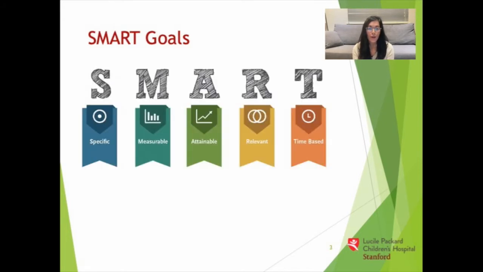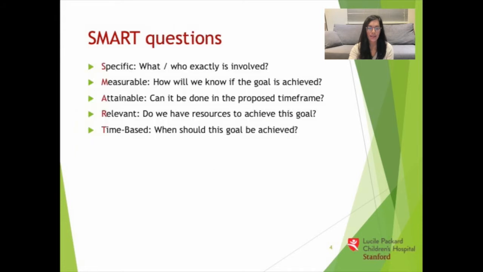So what are SMART goals? They are specific, measurable, attainable, relevant, and time-based. So what does that mean? When you're setting up the goals with your student, you want it to be about a specific diagnosis or a learning issue or skill that they want to attain.